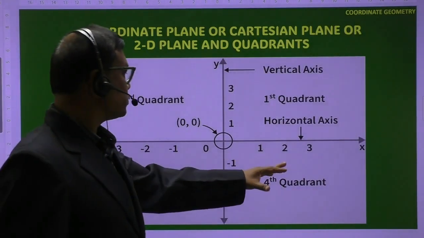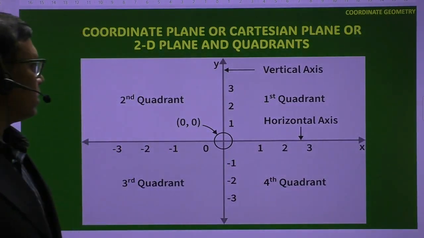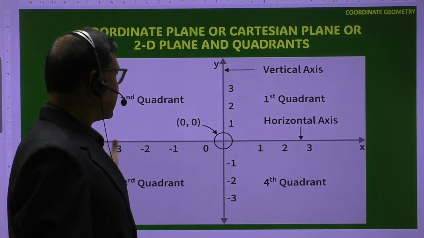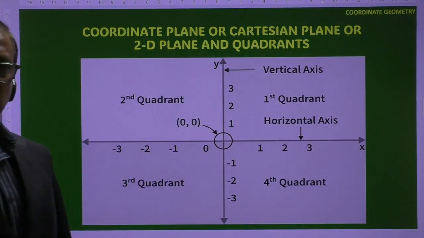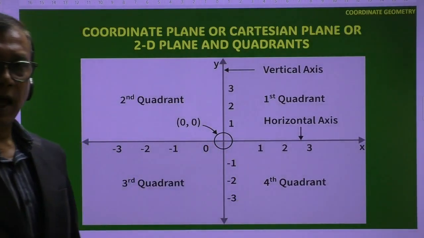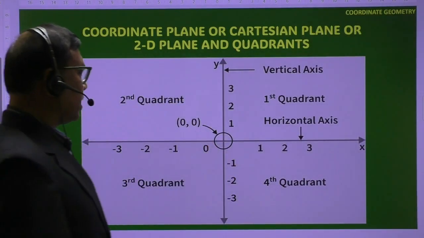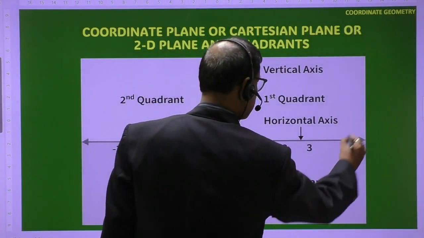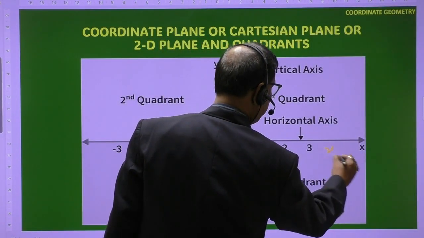Students, see here on this plane one horizontal line, that is horizontal axis, and we can say this horizontal axis as x-axis. Is it clear?